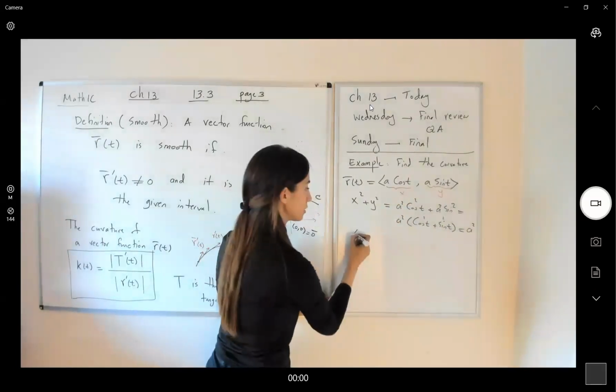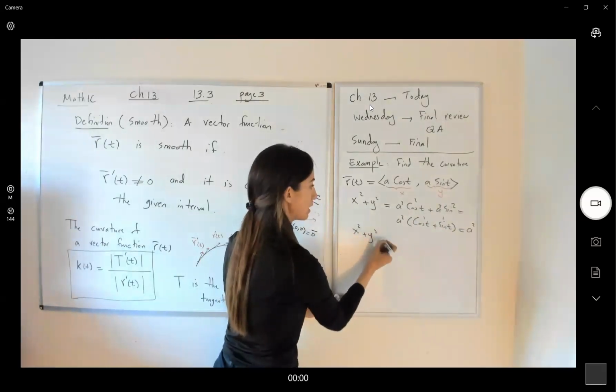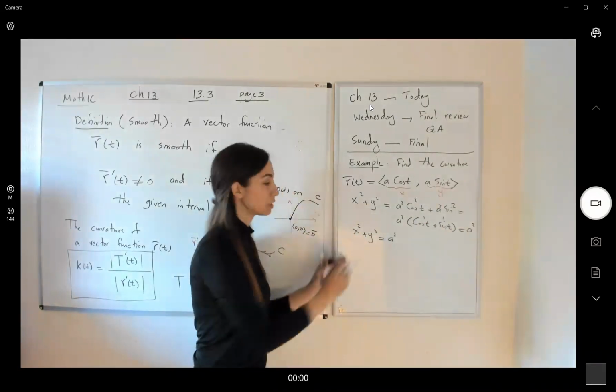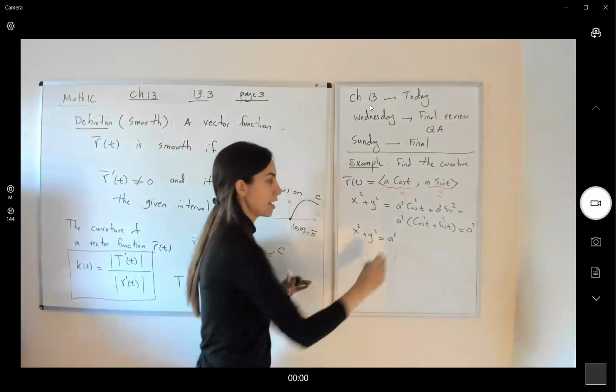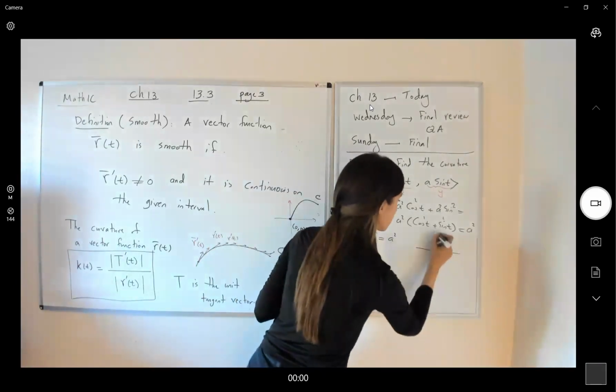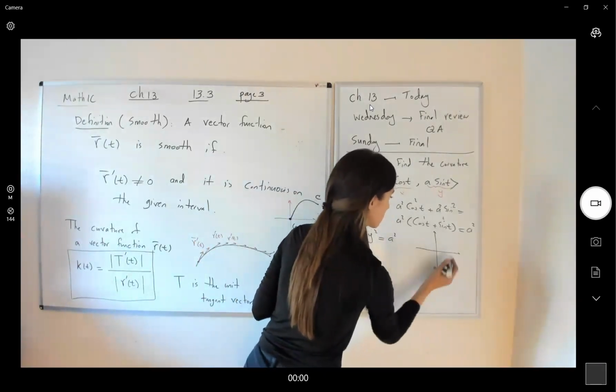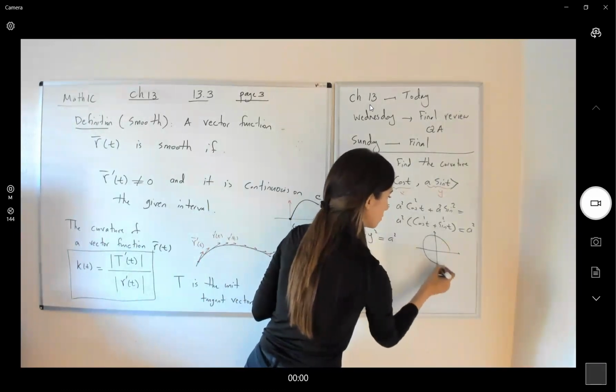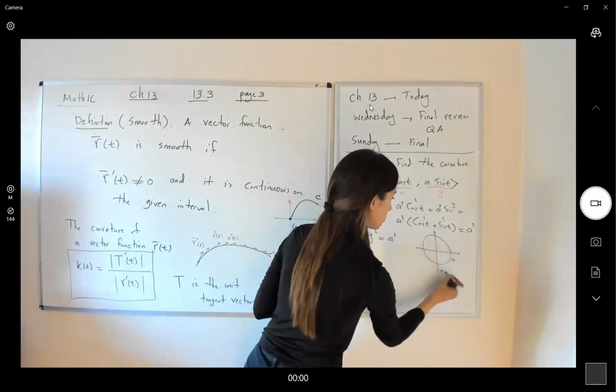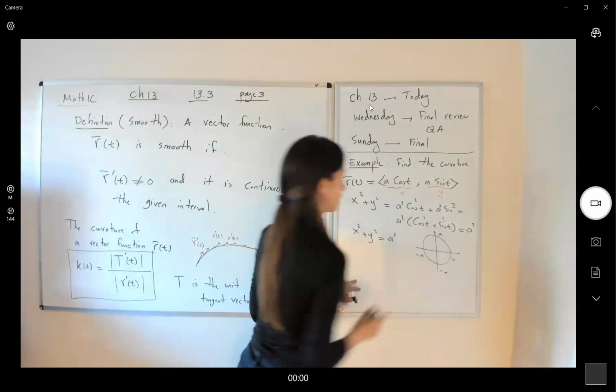So we have the equation of a circle centered at the origin with radius a.